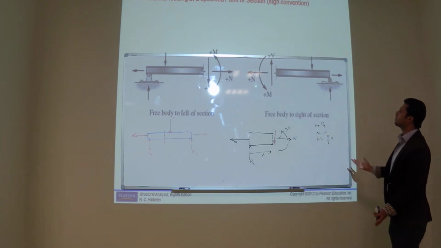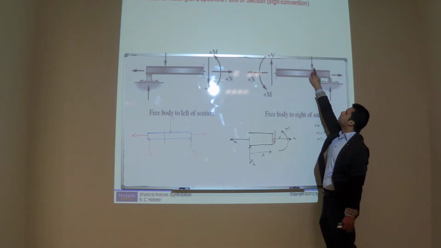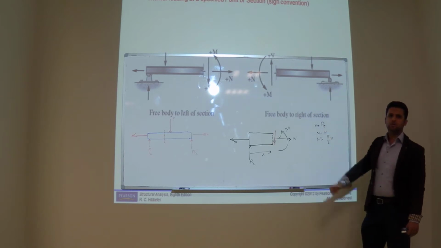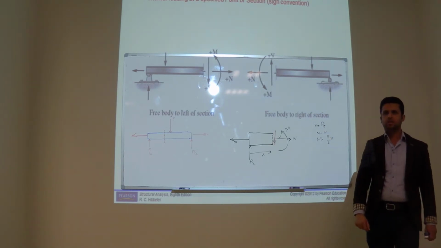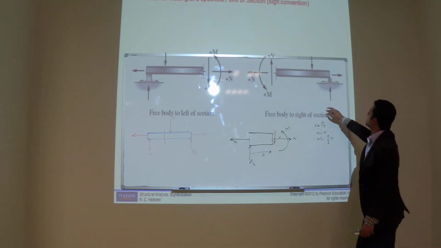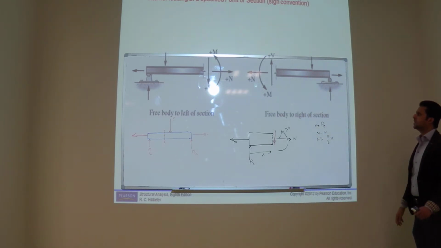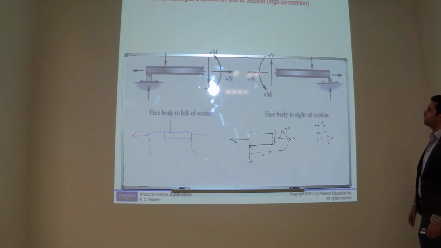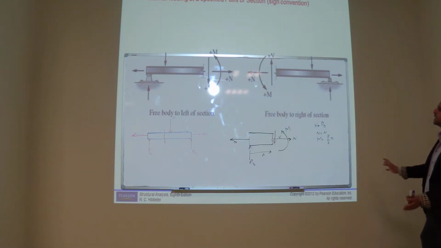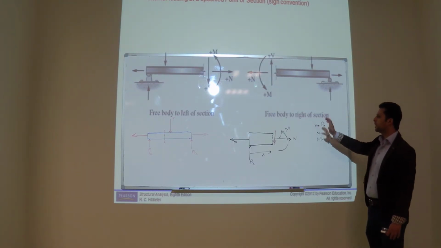So it depends upon this value. How much is this force? Then you can determine the reaction and in which direction you have to put the moment. I think you understand how these forces are coming.